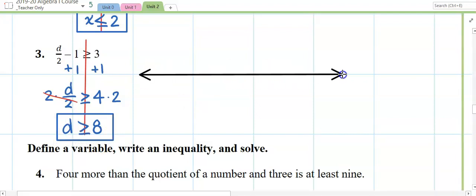I sketch a number line, 0 at the center.